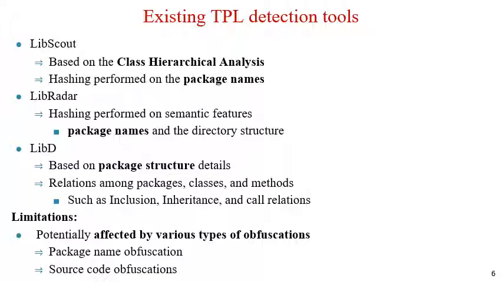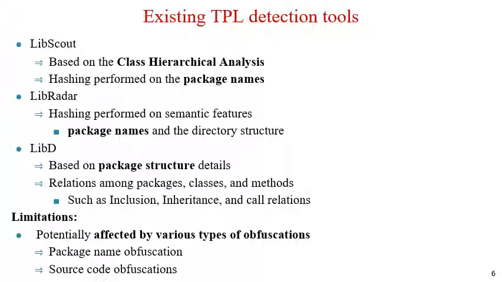Similarly, LibRadar performs hashing on semantic features, again based on the package names and the directory structure. Similarly, LibD is based on the package structure details as well, but in addition it also uses relations among packages, classes, and methods, such as inclusion, inheritance, and call relations.